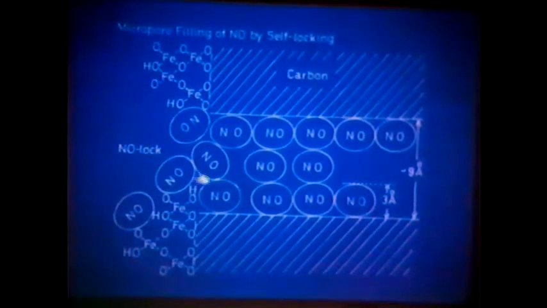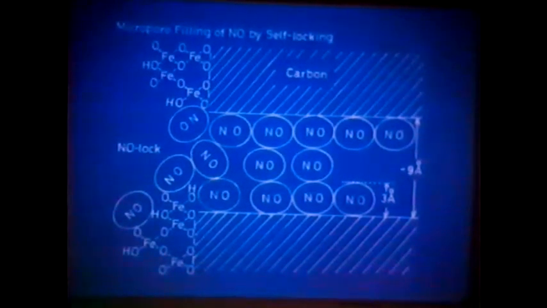Nitrogen after introduced here, and probably there are no NO molecules here. So in such a case, nitrogen adsorbed around here, but probably after nitrogen pushes NO, probably, but I don't have the definite idea. Sorry.